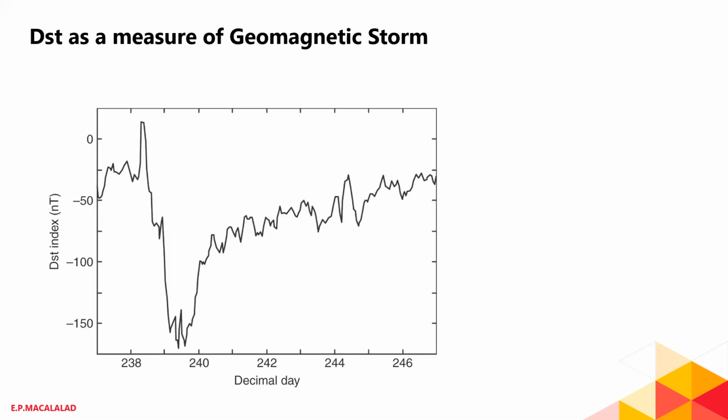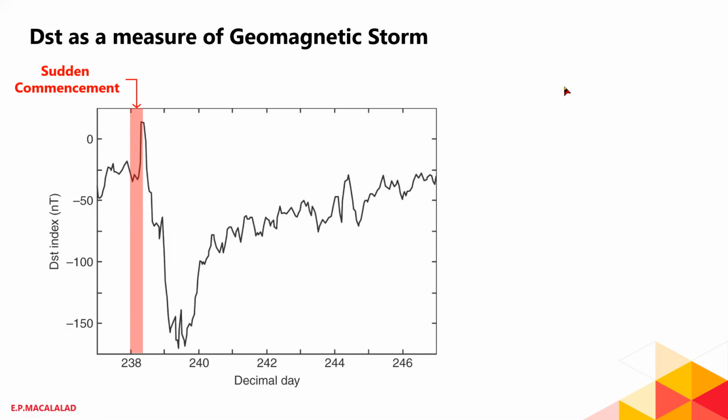The first phase is what we call the sudden commencement. The sudden commencement occurs as the initial impact of the increased solar wind dynamic pressure that sharply compresses the magnetopause. So remember that when the initial impact of your solar wind pushes the magnetic field, and the magnetic field lines are closer together, the magnetic field strength is bigger.